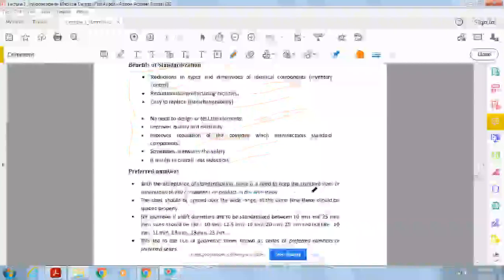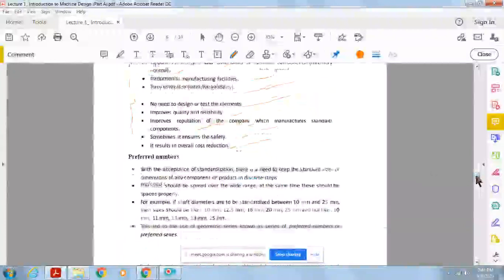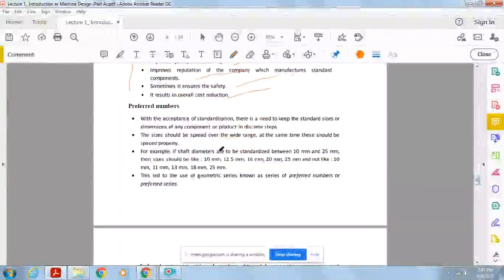Next part is the preferred number. Okay, that is a very important part. Preferred number, what does this mean? Say you are designing a shaft. Now which shaft diameter will you select? There is some standardization. Not every individual size of shaft is available in the market.